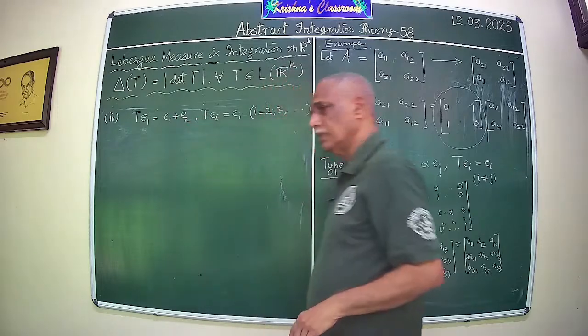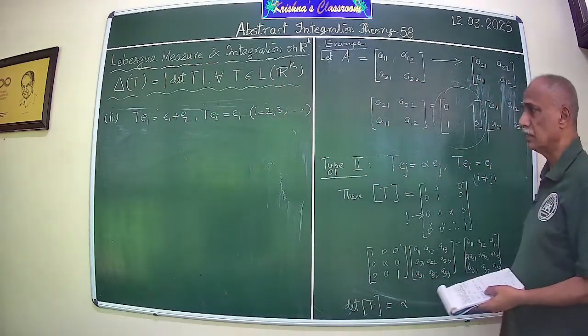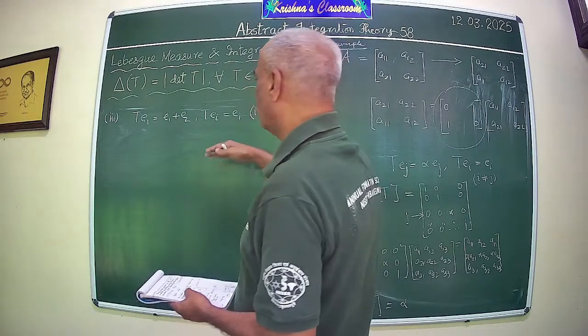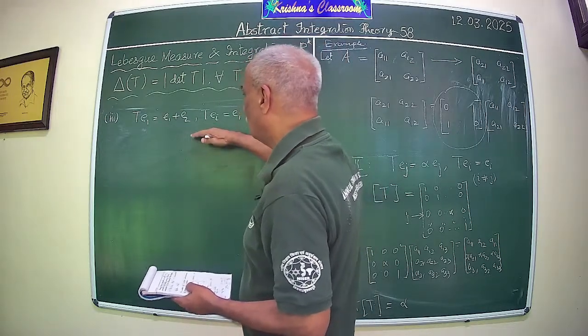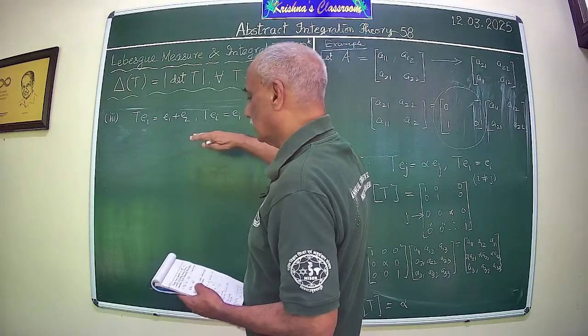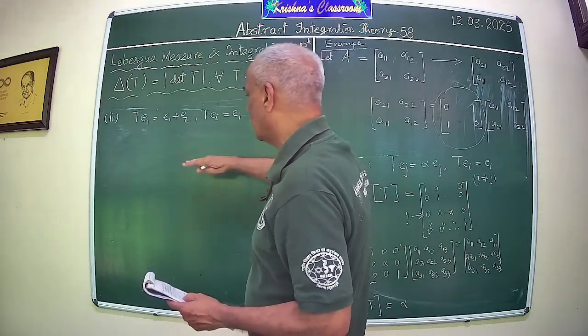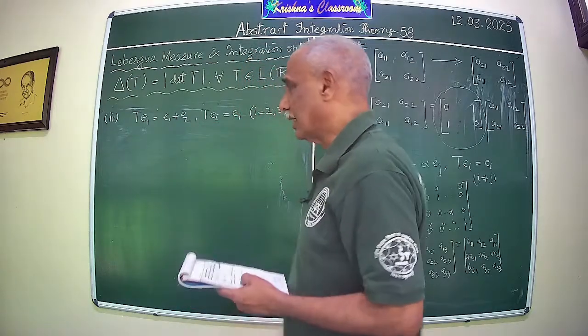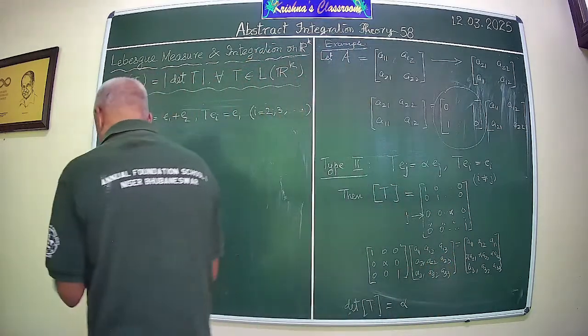All others are left as they are. This is a transformation. Now, in general, it could be something like, you take the ith row and the jth row and add one to the other. That can happen. So, in this case, what happens?